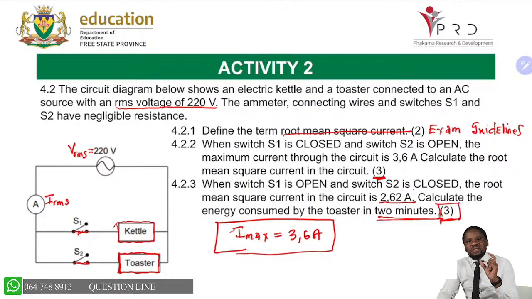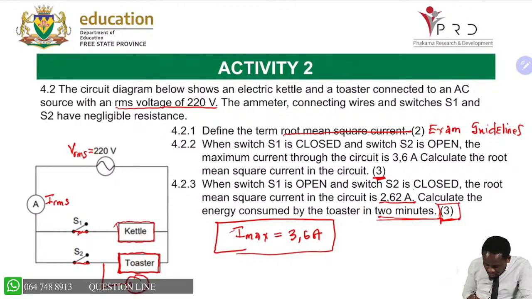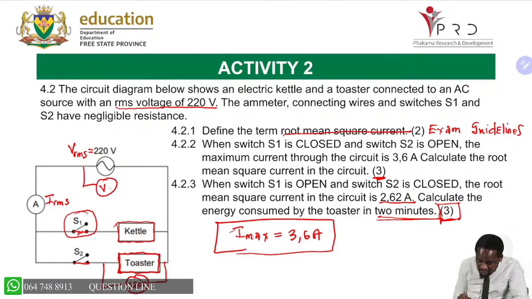So if the kettle is the only appliance connected in that purely resistive circuit, what that means in this case is that the VRMS is actually the voltage across the toaster. So if we connect a voltmeter there, it will read 220 volts, provided this switch is open. So the 220, which is the terminal potential difference, is what is delivered. So this is VRMS, which will be marked there.